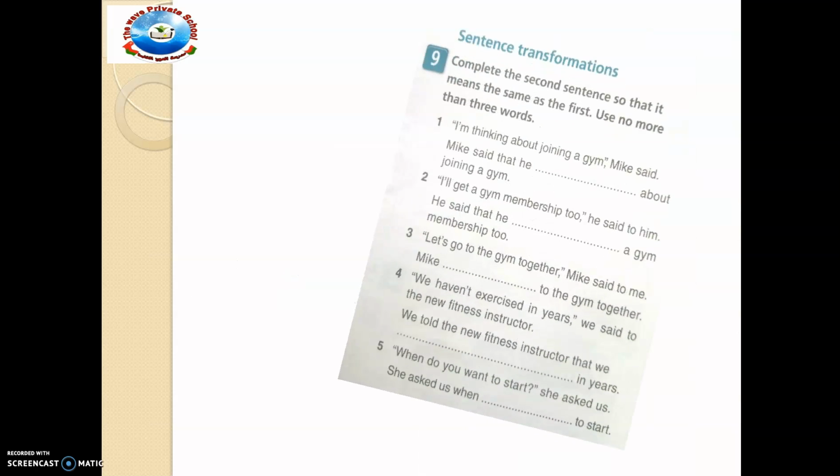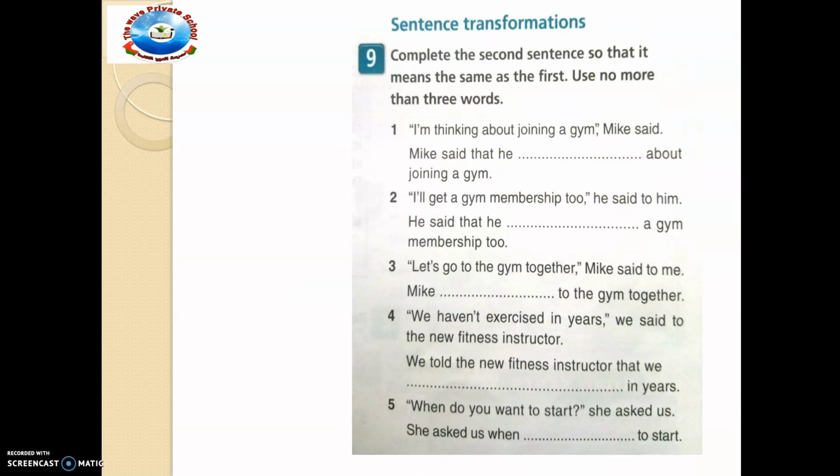In exercise 9, we want to practice sentence transformation. The question says, complete the second sentence so that it means the same as the first. Use no more than 3 words.